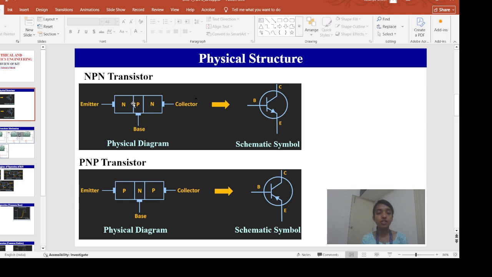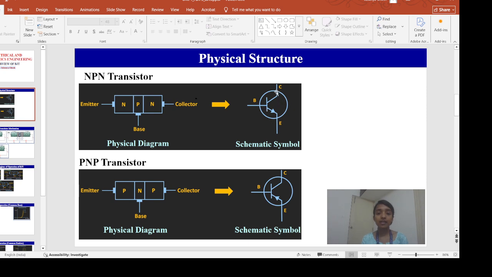This junction is called the emitter base junction and this junction is called the collector base junction. Similarly, for the PNP transistor, this junction is called the emitter base junction and this junction is called the collector base junction. This is the physical diagram of NPN and PNP transistors, and these are the schematic symbols.